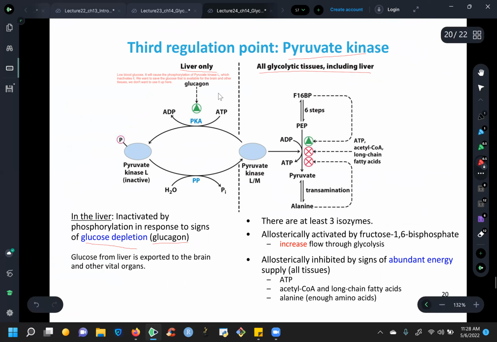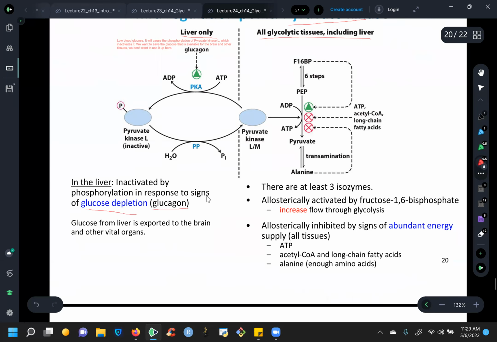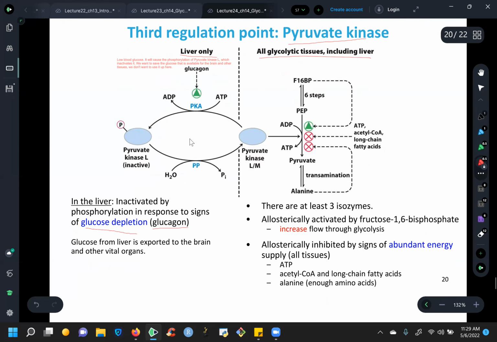In the liver, glucagon will stimulate PKA. It'll use ATP to phosphorylate pyruvate kinase L, which is inactive. So the whole goal is that the liver won't be using glucose.